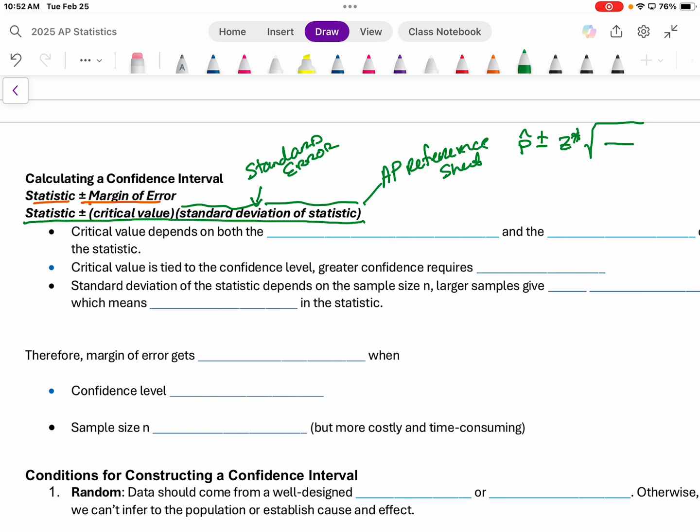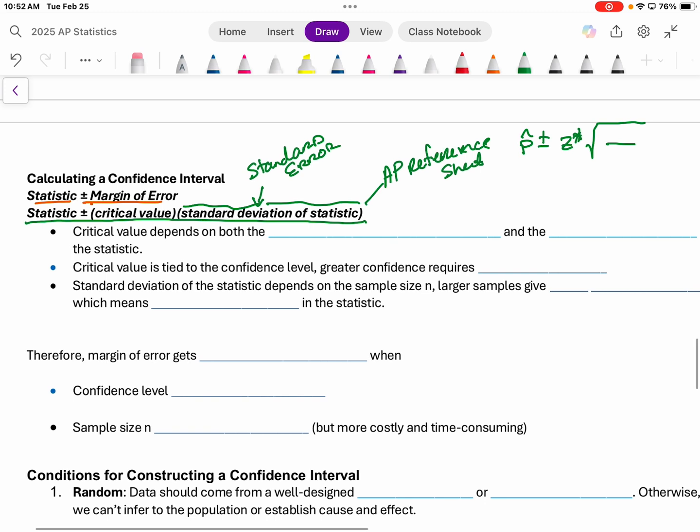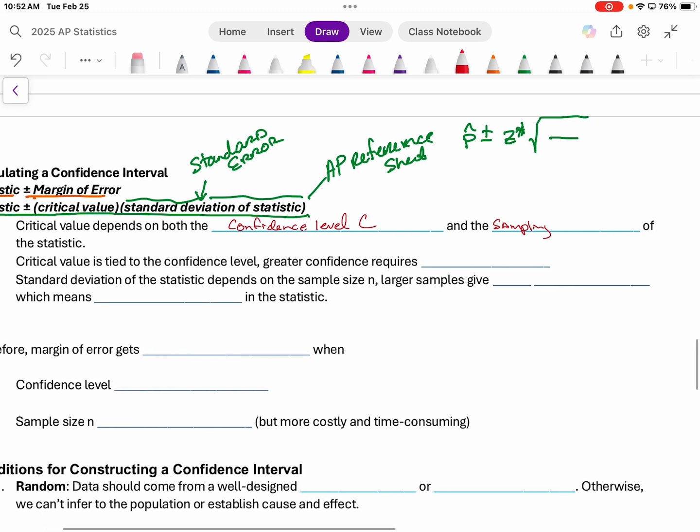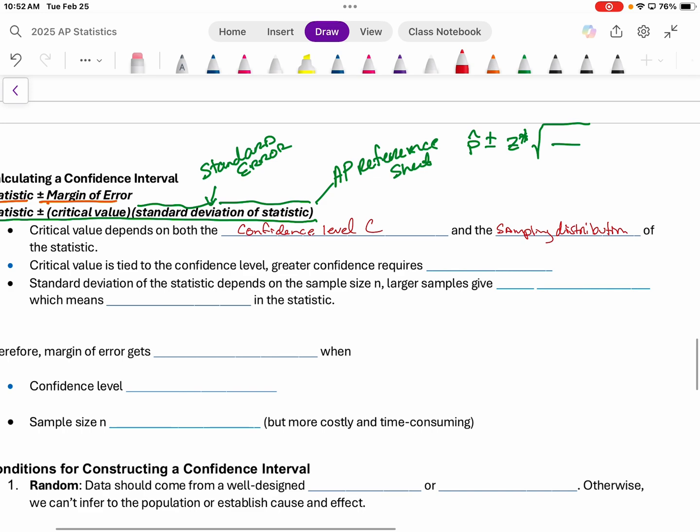So a critical value depends on both the confidence level C and the sampling distribution of the statistic.